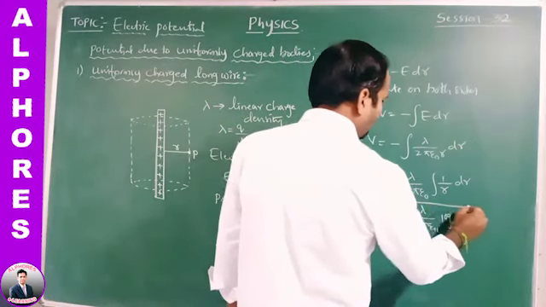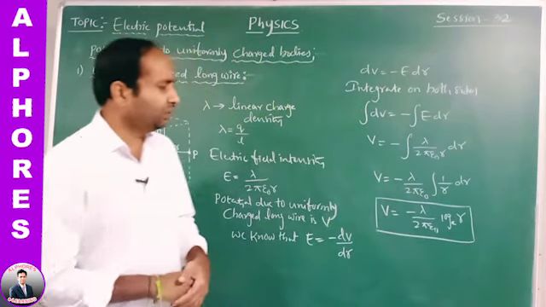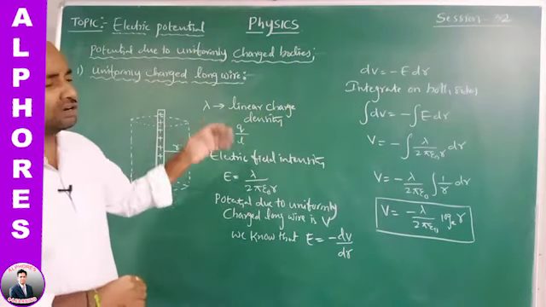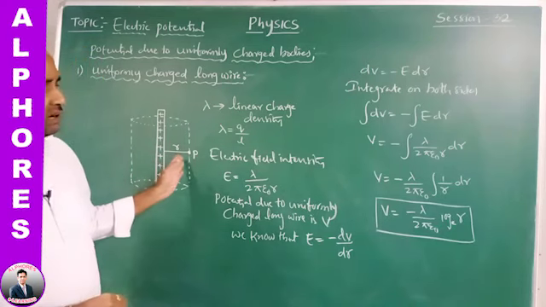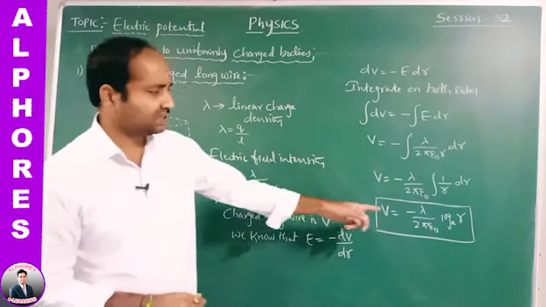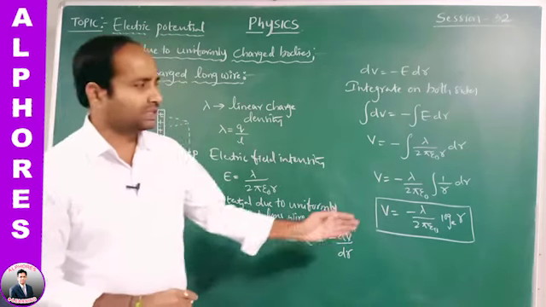This is the expression for potential due to a uniformly charged long wire. At a distance r, V is equal to minus lambda by 2 pi epsilon naught log base e r.